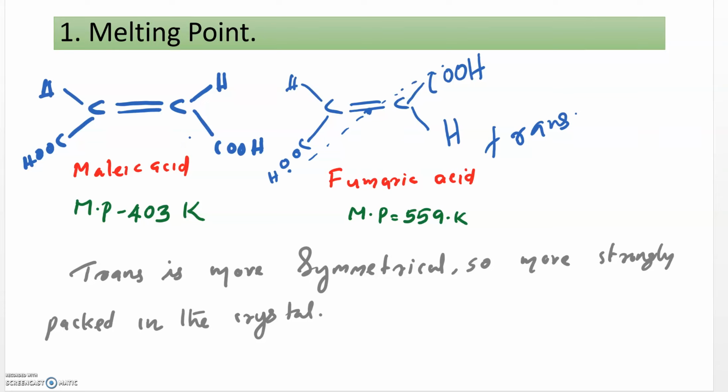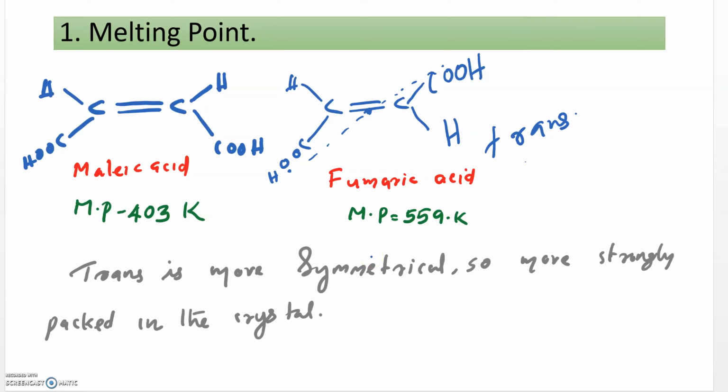Therefore, in the crystal structure, trans is more effectively packed. Therefore, the intermolecular force of attraction will be stronger in the trans isomer in the solid state compared to the cis isomer. Therefore, the melting point of the trans isomer will be higher than the cis isomer.